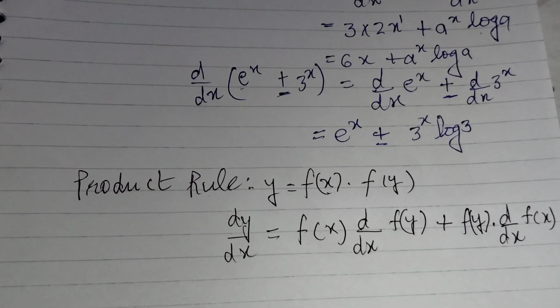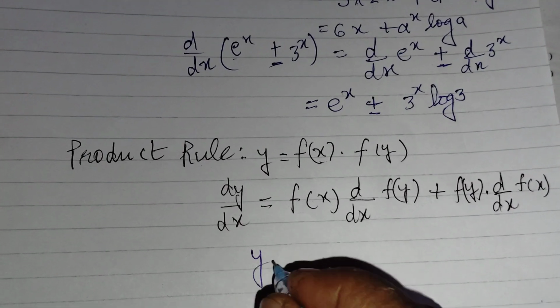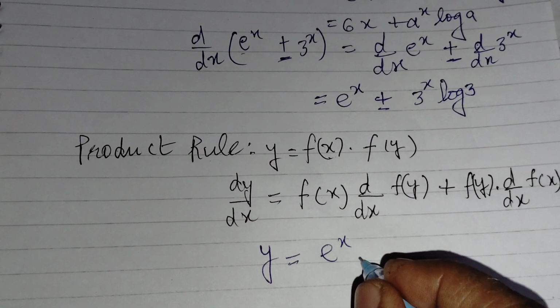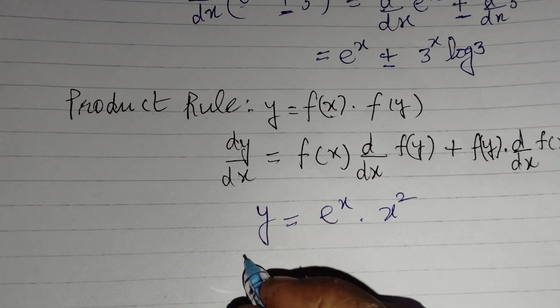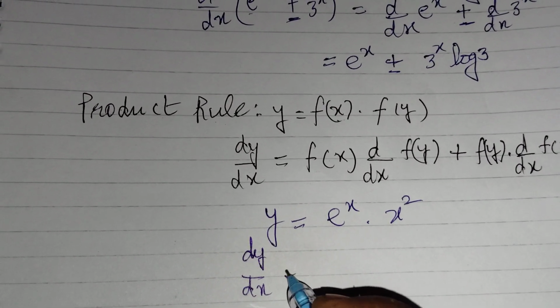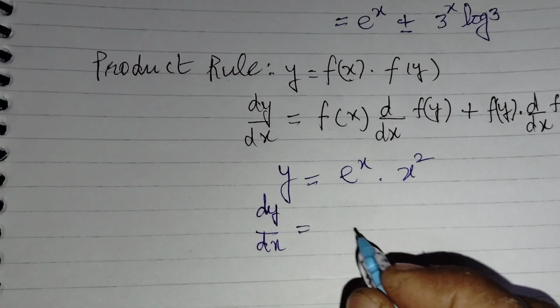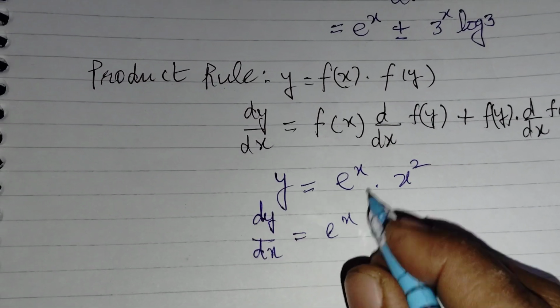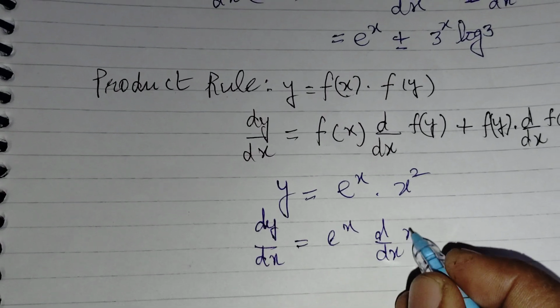Take an example. Suppose y equal to e power x into x square is given. How do we differentiate? If we want to differentiate, we use the product rule, because there are two functions multiplied. So the first function is written as it is, e power x written as it is, and we differentiate x square.